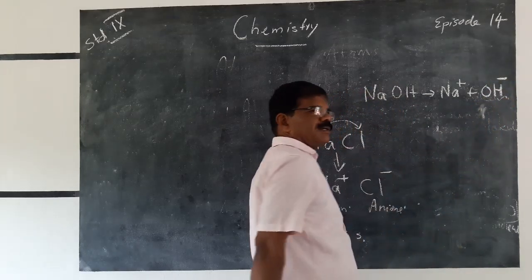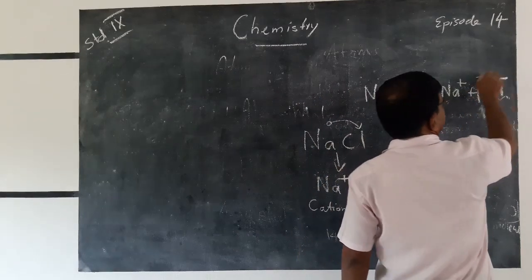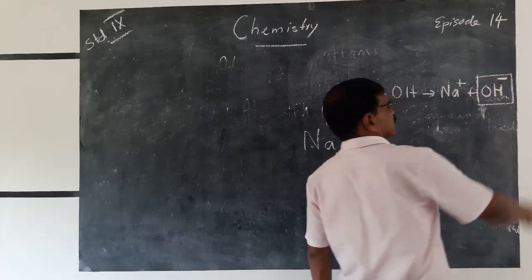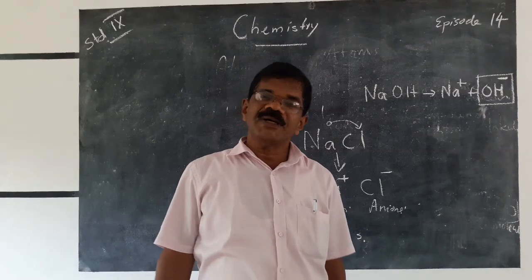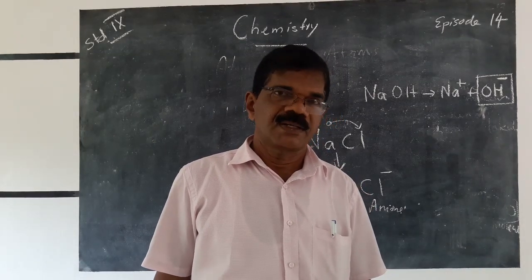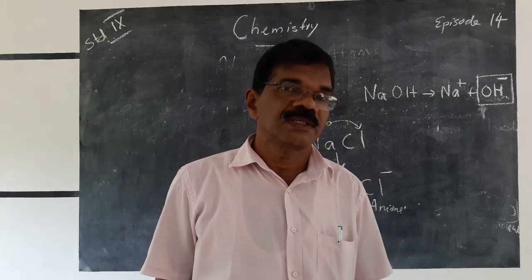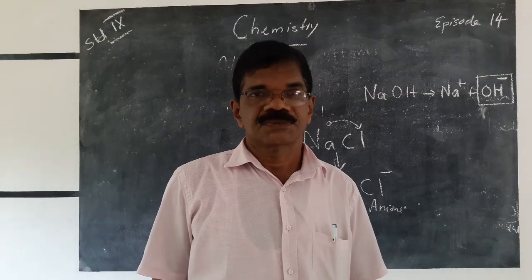This OH negative is a group. There are 2 atoms. If a single atom acquires a charge, it is known as an ion. If a group of atoms acquires a charge, it is known as polyions or radicals.